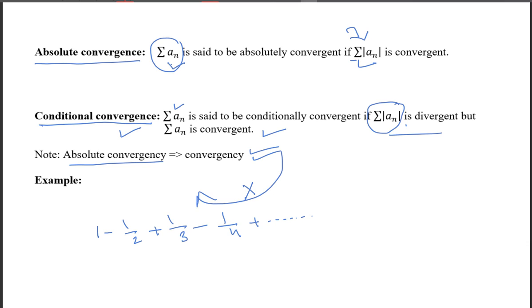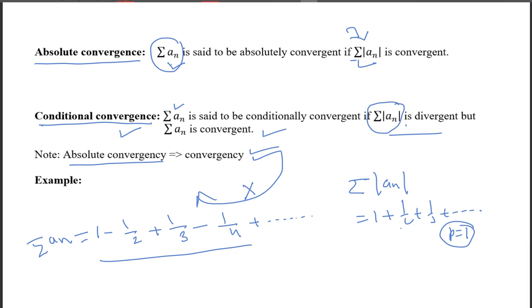If you take the absolute value, the series of mod a_n will be 1 plus 1 by 2 plus 1 by 3 plus like this. This is actually a p series with p value equal to 1, so it is divergent. So this series is convergent but not absolutely convergent. So it is conditionally convergent.